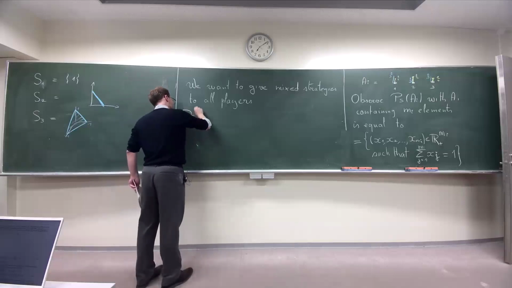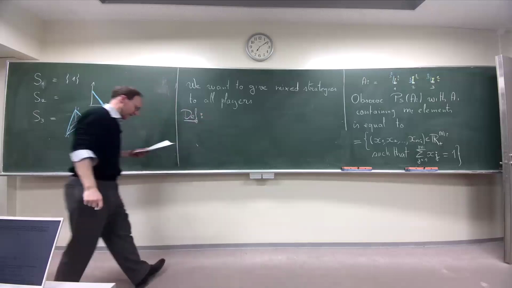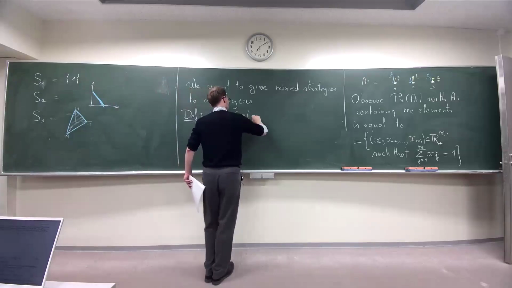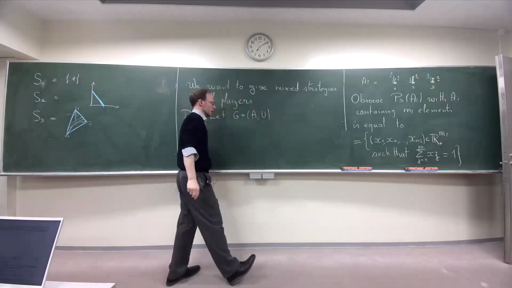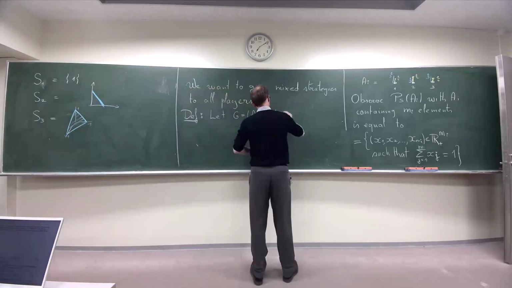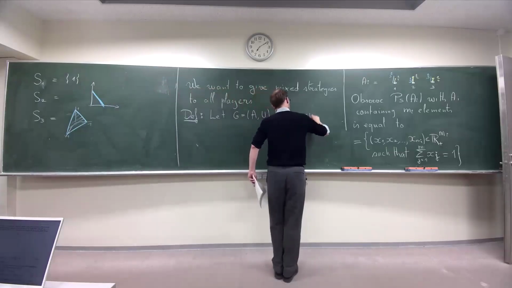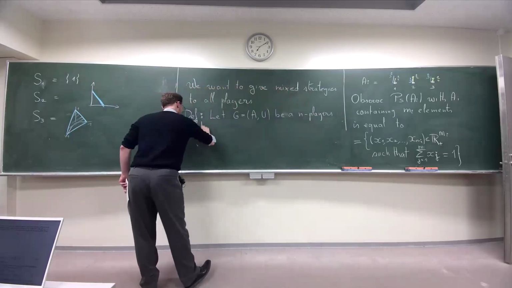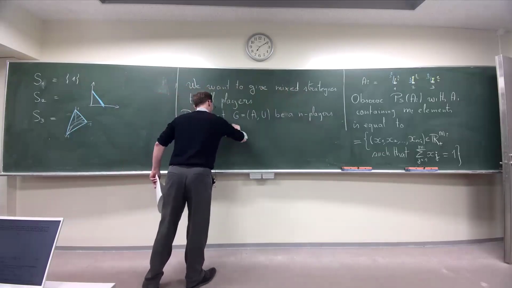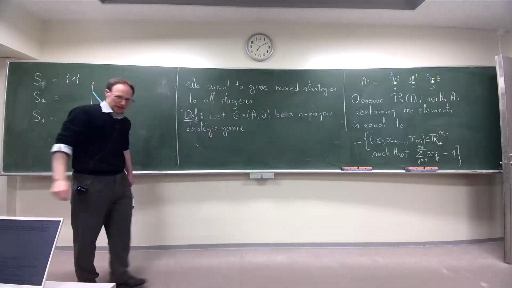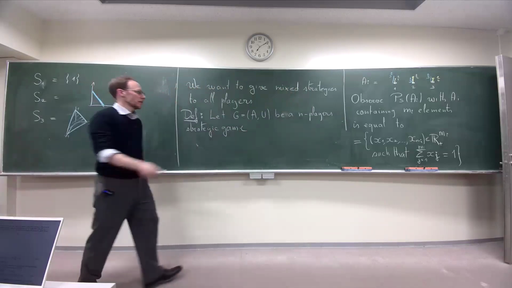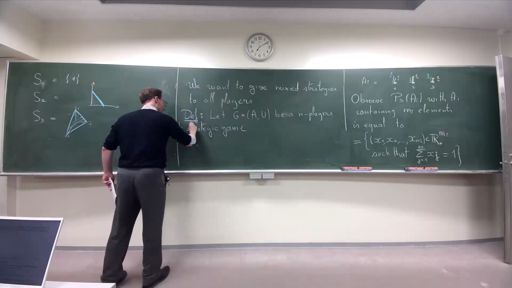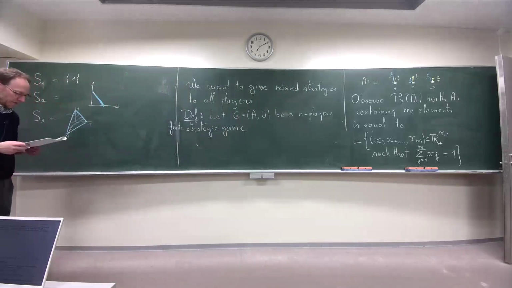Okay, so now I give you the main definition. We start with a game G, the game up to now with n players, a strategy game. And I will assume that it's finite, in the sense I introduced: n players finite, in the sense that each set Ai is finite.